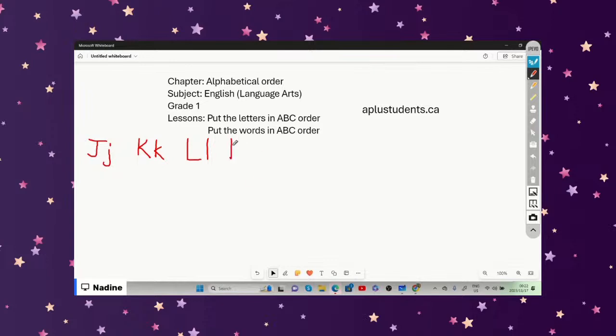Then we have M or N. O. Then we have P. And then we have Q, almost like the queen.